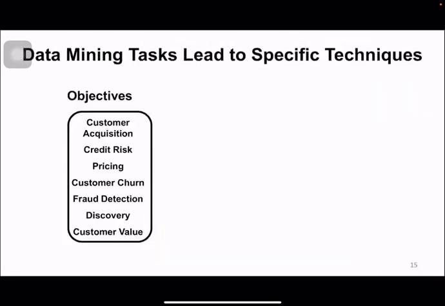Now, data mining tasks lead to specific techniques. First define your objective: customer acquisition, credit risk, pricing, customer churn, fraud detection, discovery, customer value, or segmenting your customer behavior, right? So those are the objectives.